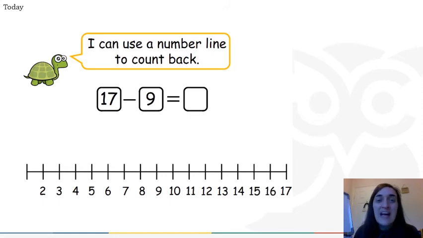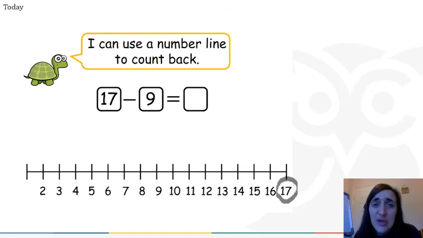Awesome! 17 take away 9 equals. Can you use your number line to work it out? So we would circle 17.